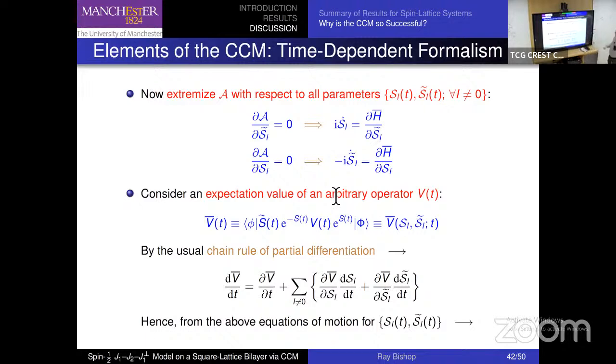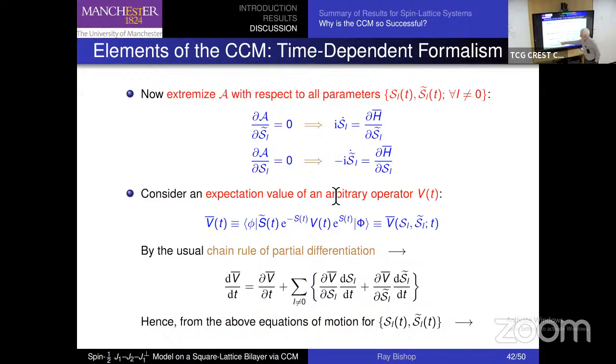What about an expectation value of an arbitrary operator? Well, take V, time dependent, and plug it in here. Okay, so this V bar, the expectation value of an arbitrary operator, depends on this set of parameters, and t. Just use the chain rule of partial differentiation.